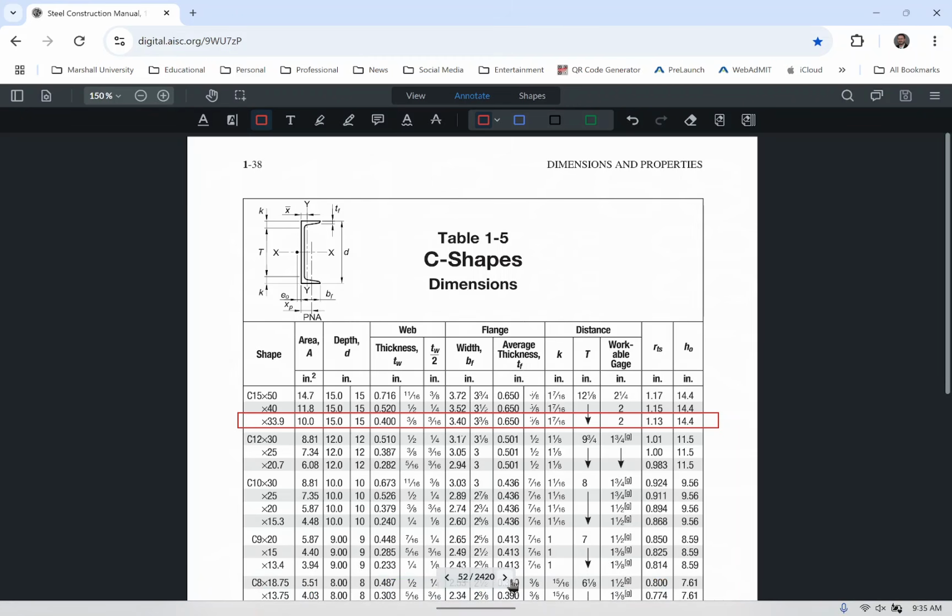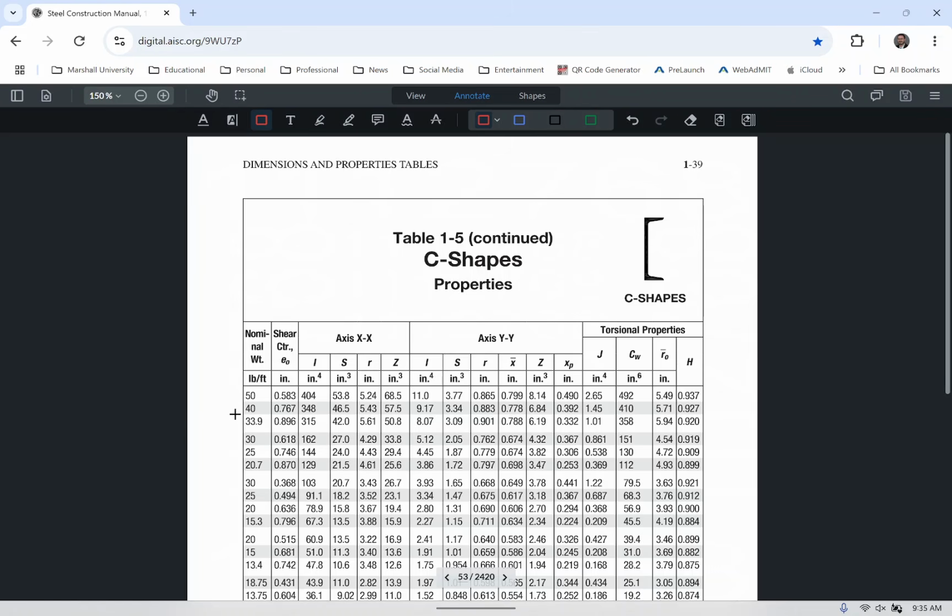Let's see. Here's rx, here's ry. So rx is 5.61, ry is 0.901. So it's not the x bar, it's this one, 0.901.